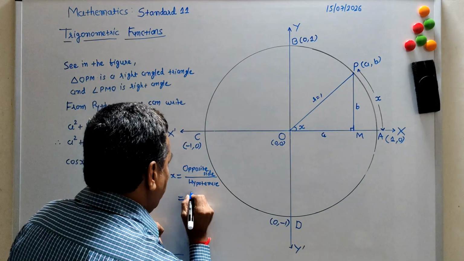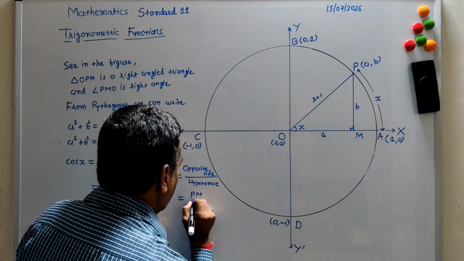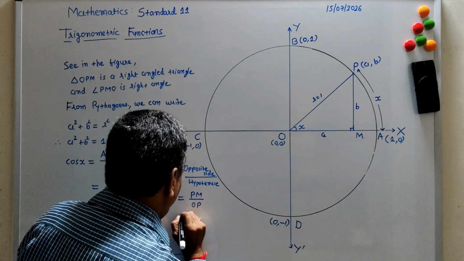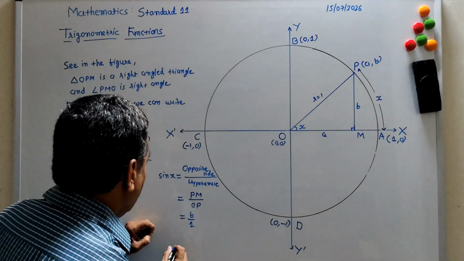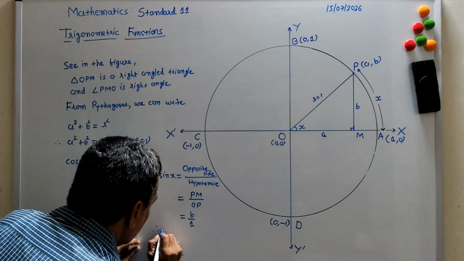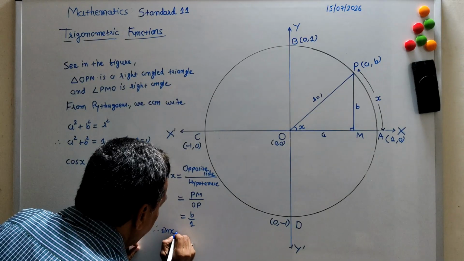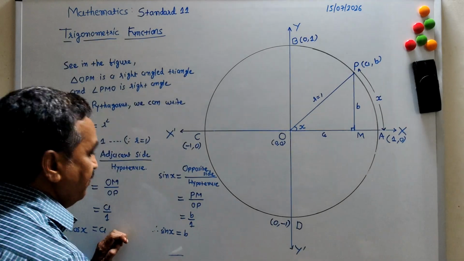The opposite side is PM, hypotenuse OP, so B by 1, and therefore sin x is equal to B.